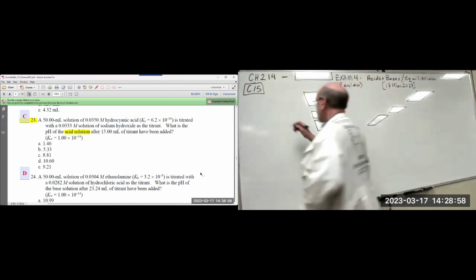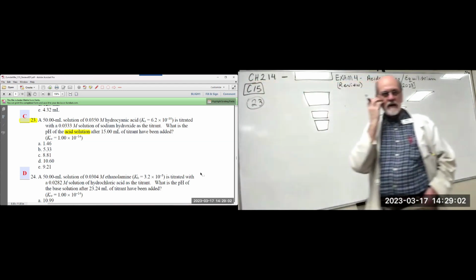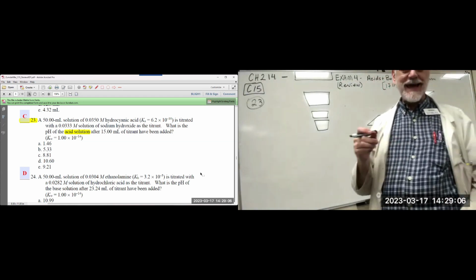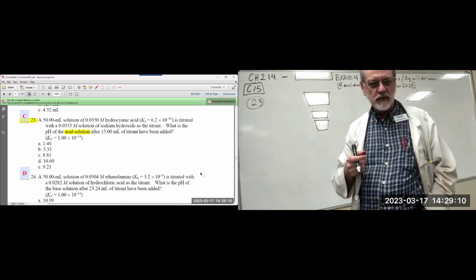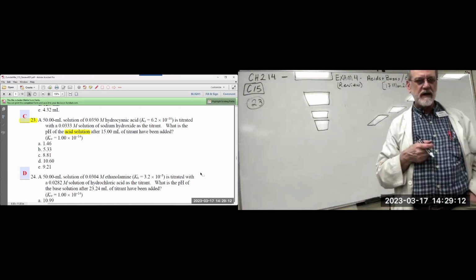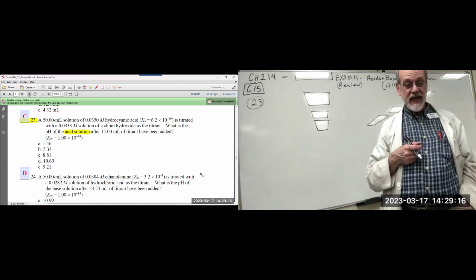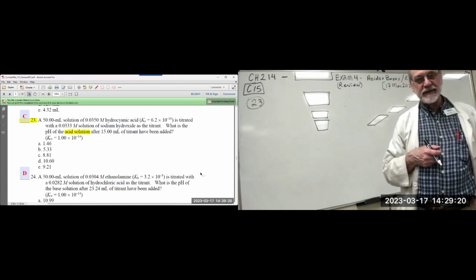23. A 50 milliliter solution of 0.035 molar hydrocyanic acid is titrated with 0.033 molar solution of sodium hydroxide. What's the pH of the acid solution after 15 milliliters of titrant has been added?